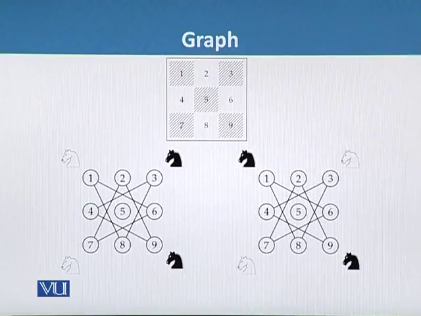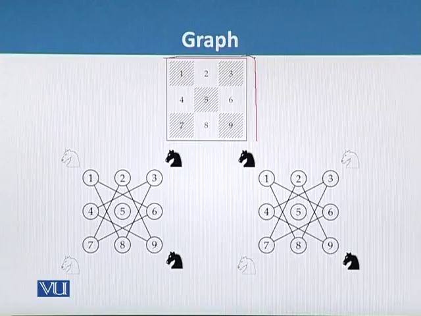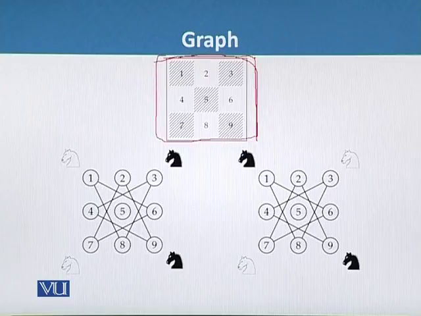Now we can see the chessboard of 3x3. It means that there are 3 blocks in this direction and 3 blocks in this direction. Two points are connected by a line if moving from one point to another is a valid knight move. This chessboard is now represented in graph form.